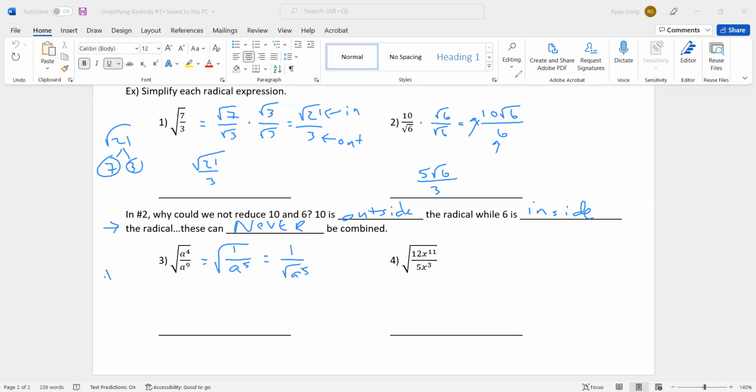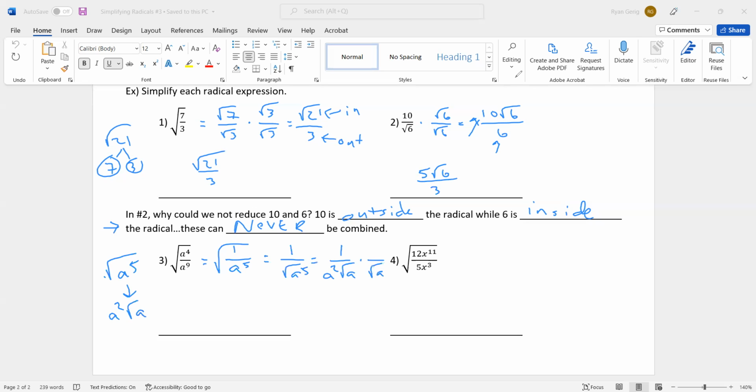So the square root of A to the 5th is odd. So I'm going to have the even number right before it. So 4, half of that is 2, the leftover A. So this is actually 1 over A squared radical A. Still have a radical in the denominator though.